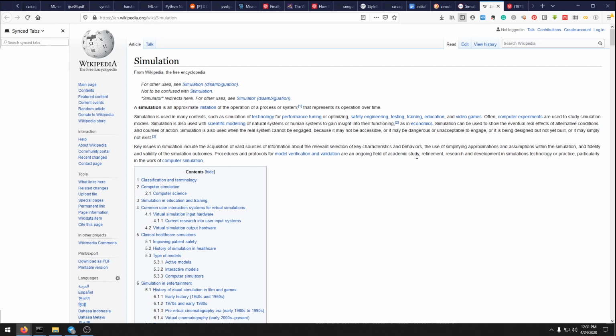The more computational power we have, the faster our machines, the more complex environments we can simulate.